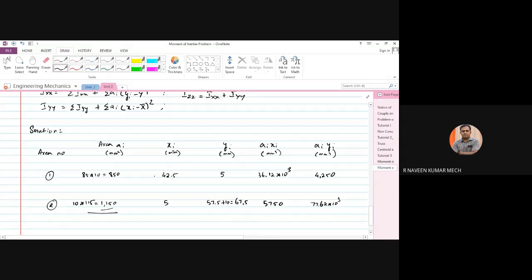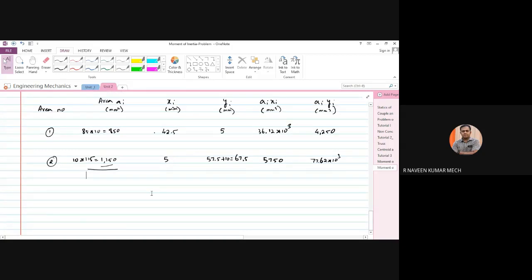Now we can do the summation. 850 plus 1,150, we get the value 2,000. The summation of Ai is 2,000. Here the summation of Aixi is 36.12 into 10 to the power 3 plus 5,750.